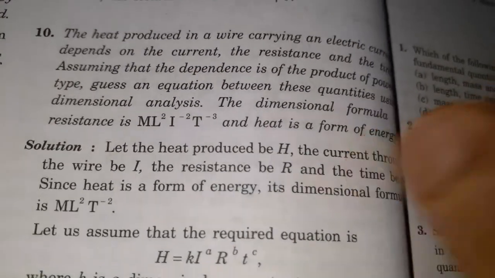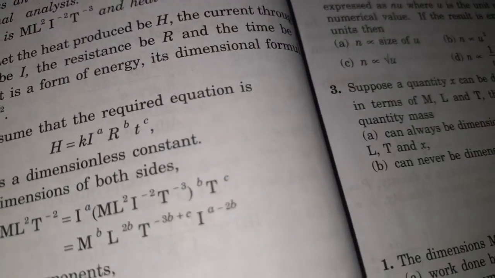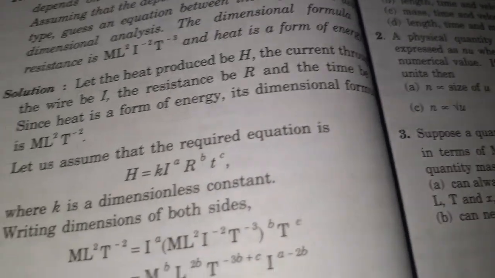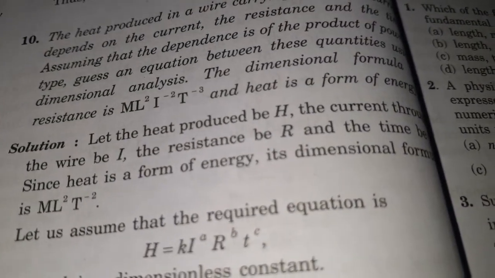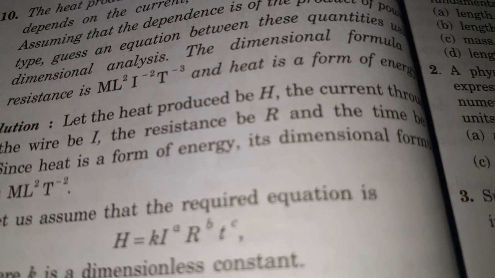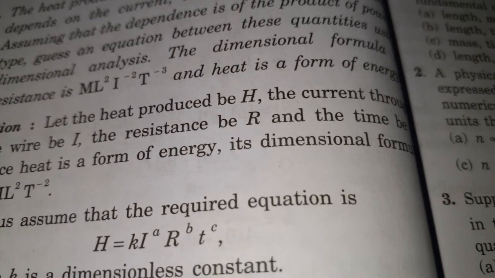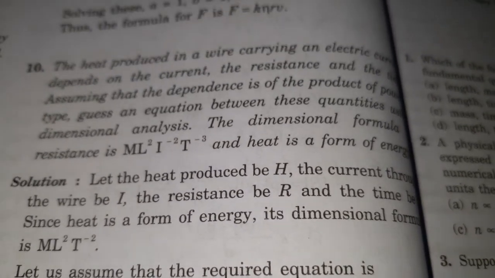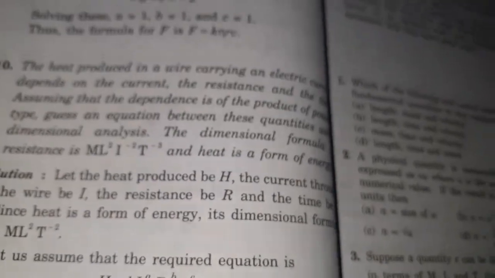The dimensional formula of resistance, that is R, equals ML^2 T^-3 I^-2, and heat is a form of energy.